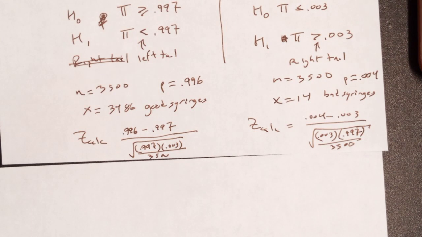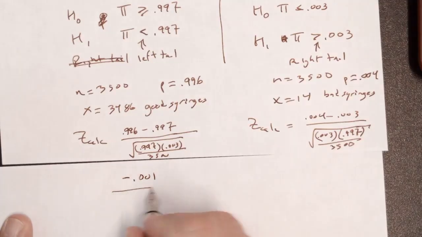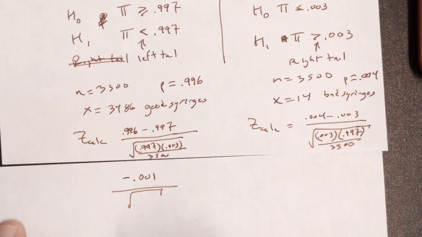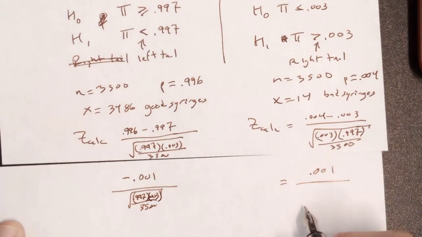That's the only difference. This number over here is negative 0.001 over the square root of some disgusting thing, 0.997 times 0.003 over 3,500. This one is positive 0.001 over the exact same thing.